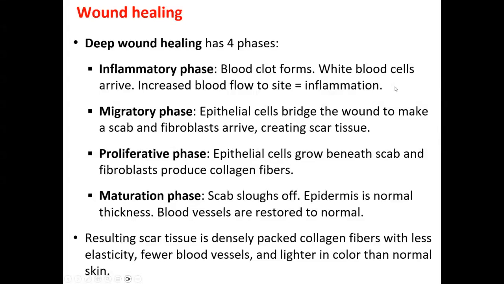Then the migratory phase. The fibroblasts migrate or move to the location and add collagen fibers. And proliferate. To proliferate means to grow.